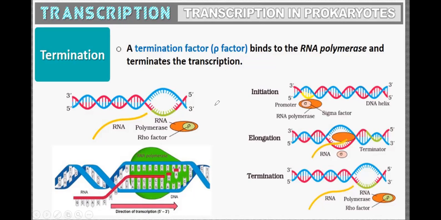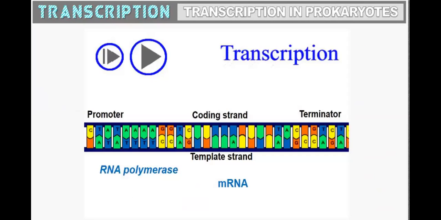So these are the three important steps of transcription in prokaryotes: initiation, elongation, and termination. Here there is the promoter site, the coding strand, the terminator, and the RNA polymerase enzyme is required, then messenger RNA is transcribed from the template strand.